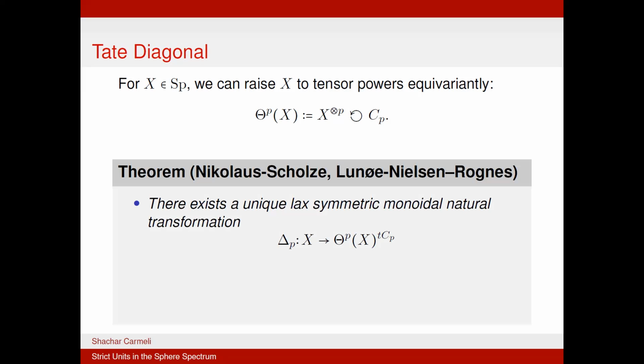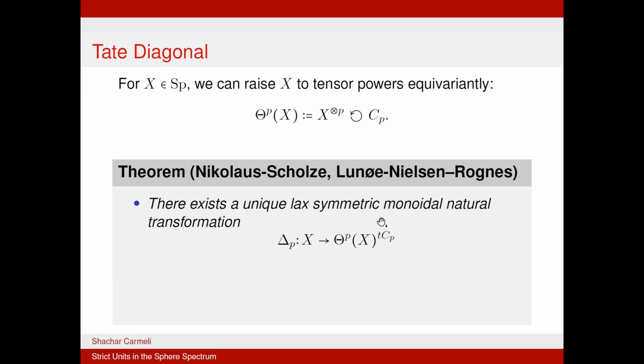Then there is the following theorem of Nikolaus and Scholze, a version of which was also proved by Lunøe-Nielsen and Rognes: for every spectrum X, there is a natural map, unique as a lax symmetric monoidal natural transformation Delta P, which laxly preserves the tensor structure, going from X to the Tate construction of its total P-th tensor power.